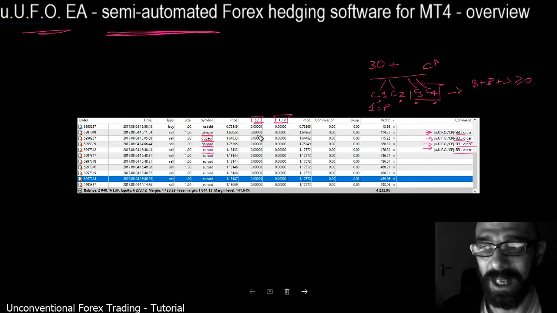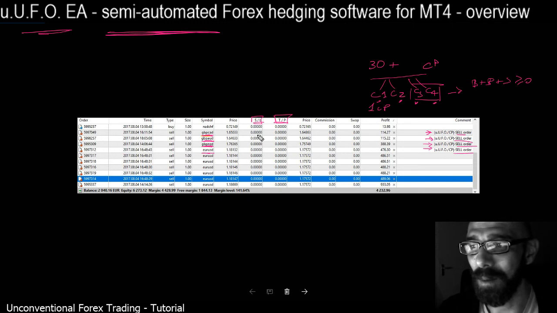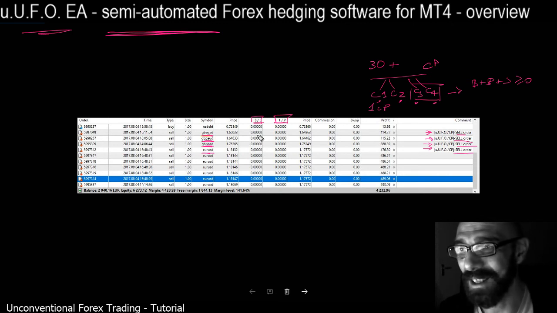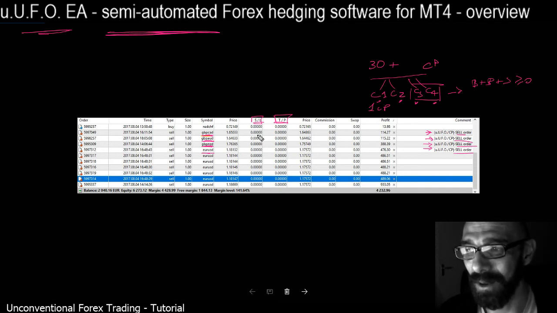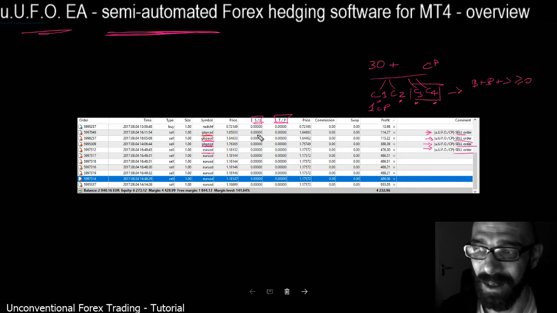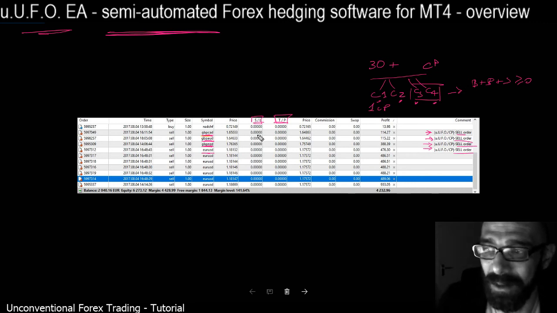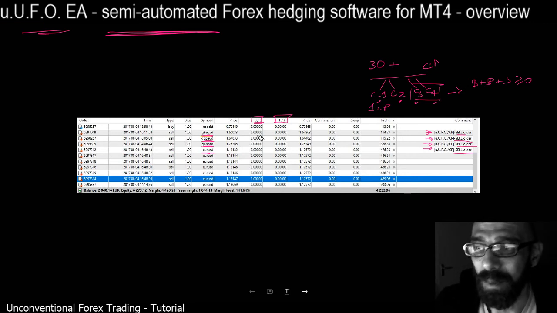Because what I'm saying here is that you don't have to intend this like a robot that goes by itself and then you can leave your trading desktop. It's for traders that are meant to trade actively and monitoring, first of all.